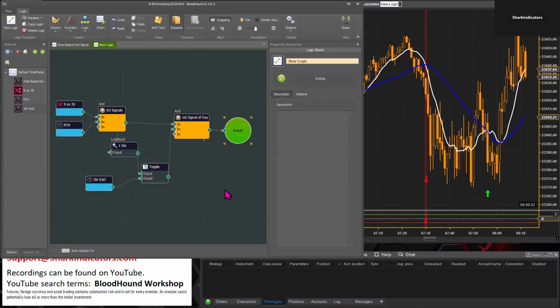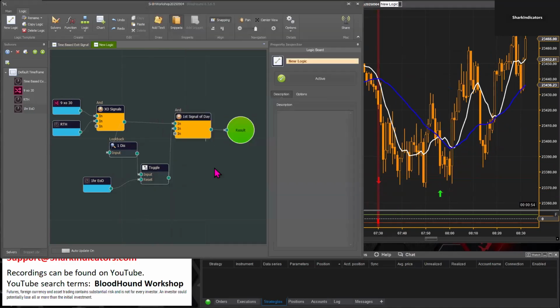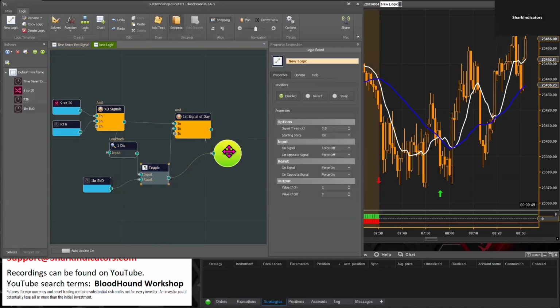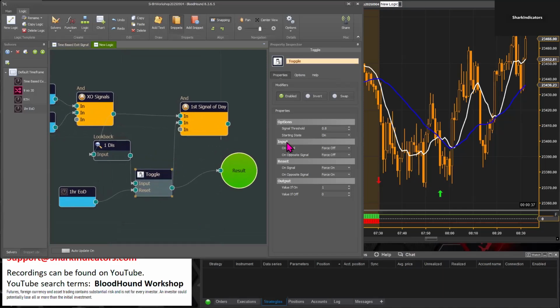All right. Picking up here, this AND node shows us the first signal, because, to re-emphasize, the crossover signals are coming in to the input connection, and I have the input connection set to force off.